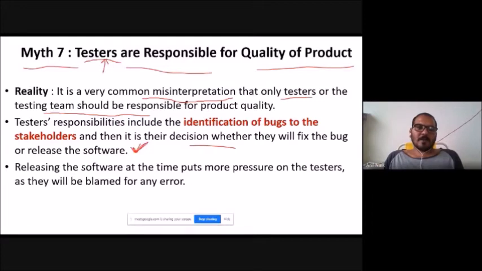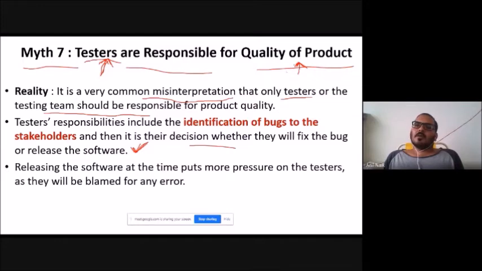But the whole project team is responsible for the quality of the product, not only the testers. Testers find the bugs, and they prepare a report for the developers.